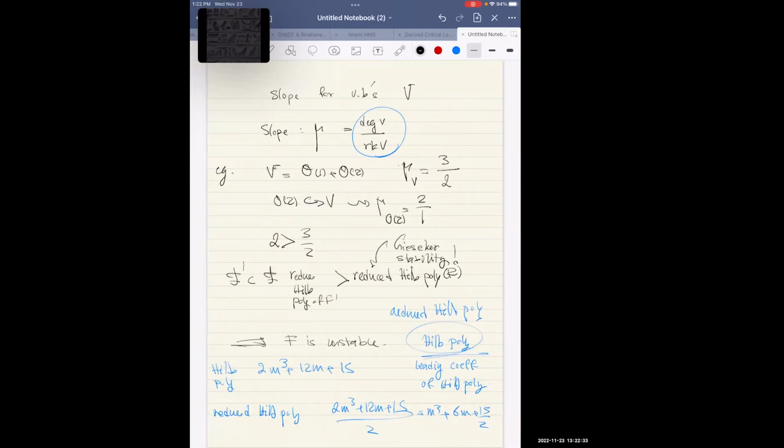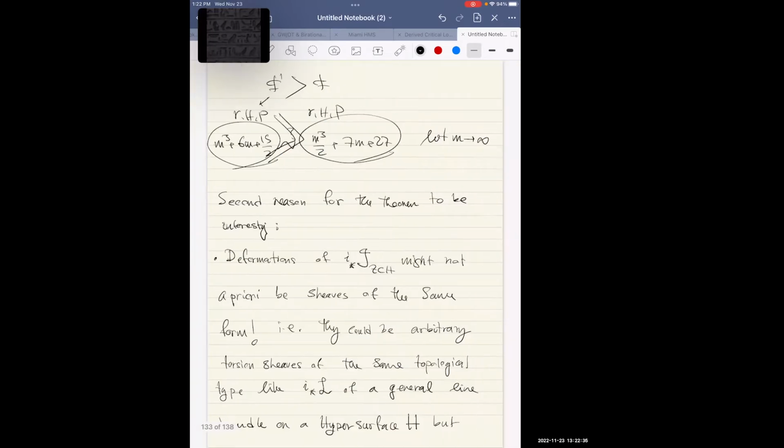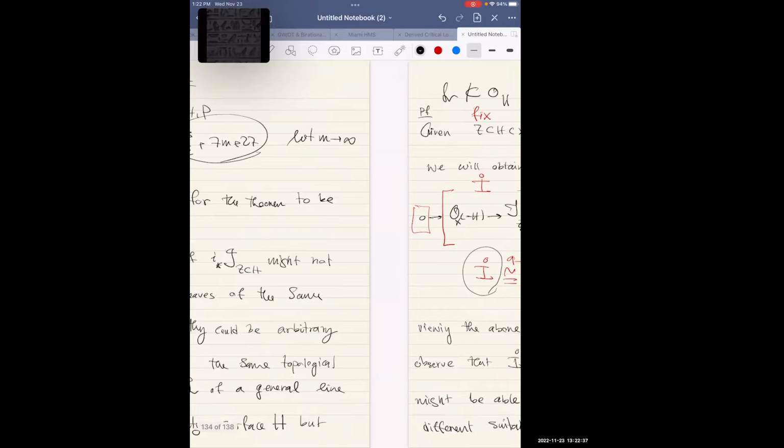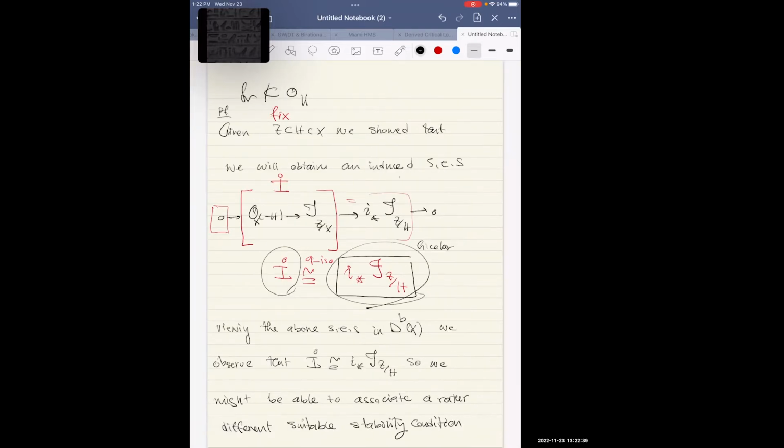And this is exactly the significance of the exact sequence that we obtained. If I again relate the ideal sheaf of Z in H to the ideal sheaf of Z in X, I know that O minus H sits inside this exact sequence as a kernel. Now, if I look at this part of this short exact sequence, it looks like a two-term complex.